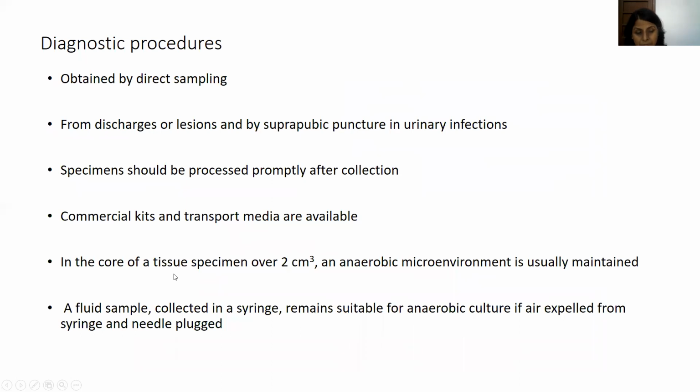Generally, the sample is taken as a tissue specimen over 2 centimeter cube, where the anaerobic microenvironment is maintained, and if a fluid sample is required, it can be collected in a syringe. When the air is expelled from the syringe and the needle is plugged, the anaerobic condition is maintained and is suitable for anaerobic culture.